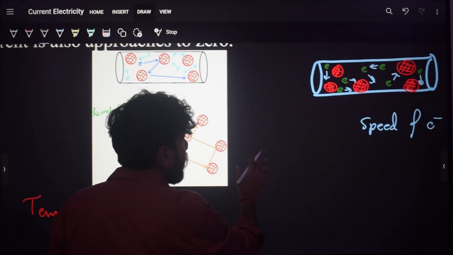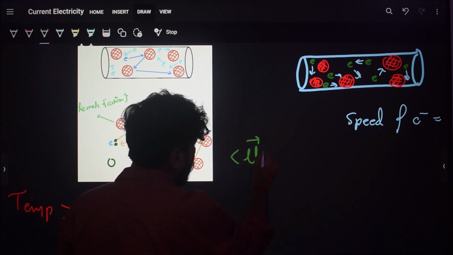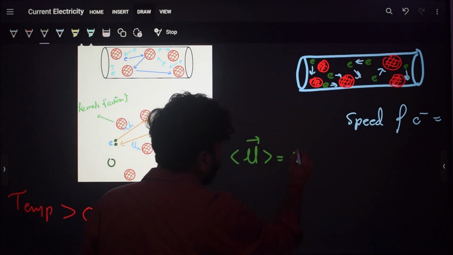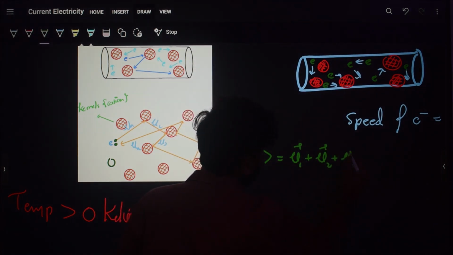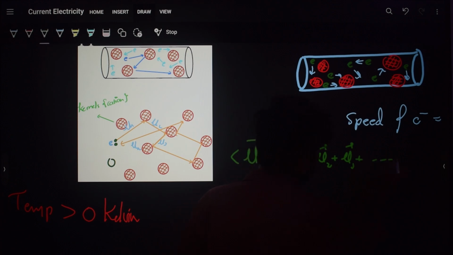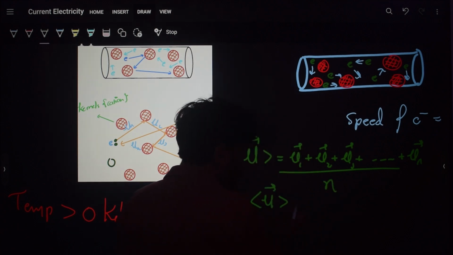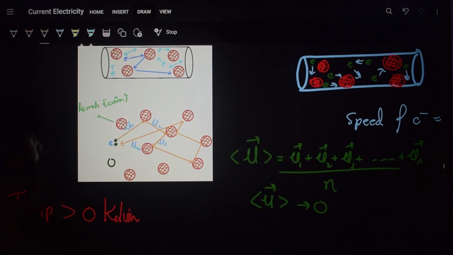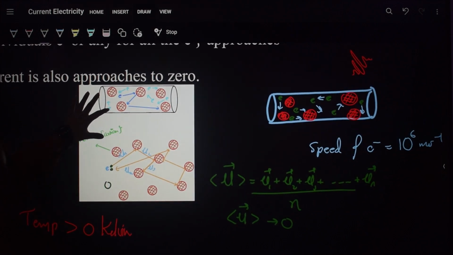So if you find the average velocity of an electron, this is the symbol of average, it is going to approach 0. It is true for a single electron also, and it is true for all the electrons' velocities combined also.